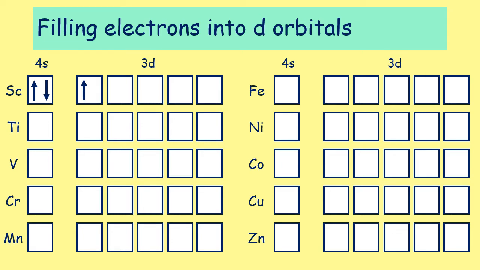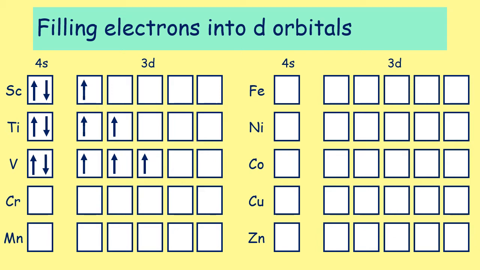Now scandium is the first transition metal, and it has 2 electrons filling the 4s orbital, and then what we have is 1 d electron in one of the d orbitals. Titanium and vanadium follow the exact same pattern, and what you can see is Hund's rule coming into effect because the 3d orbitals are degenerate, they have the same amount of energy, and they get filled singly or individually before we see any pairing up.